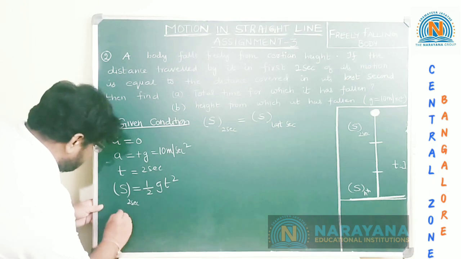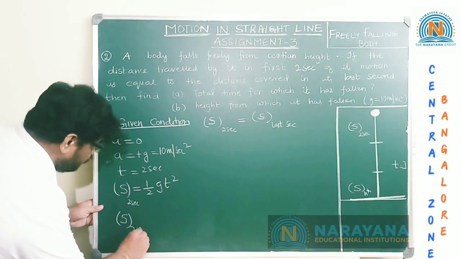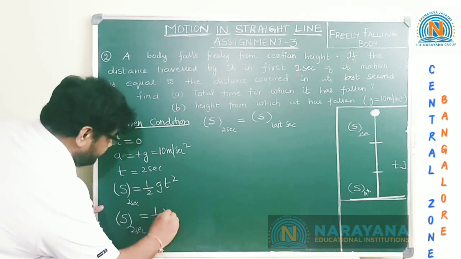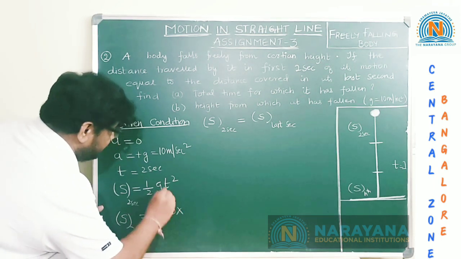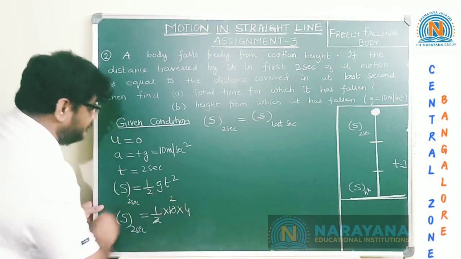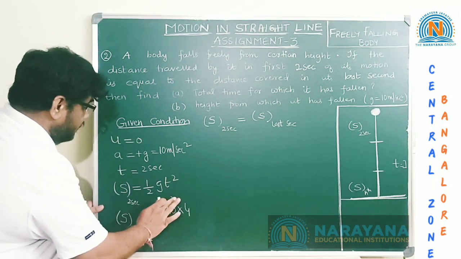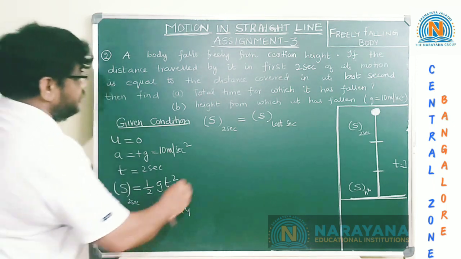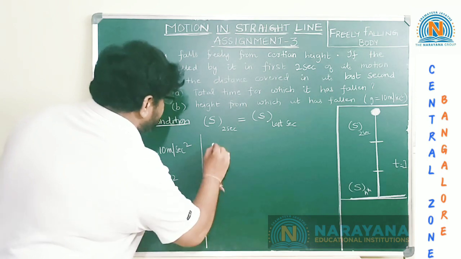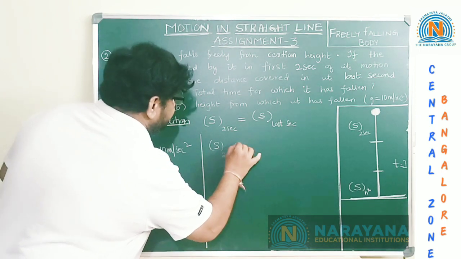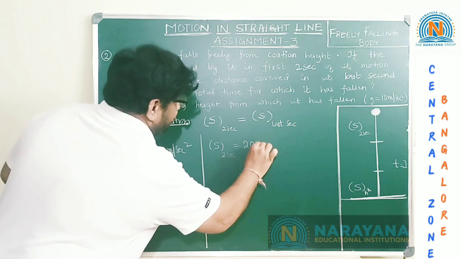So the distance travelled in 2 seconds is equal to half into g is 10, t square is 4. So 2 will cancel 10 5 times. 5 into 4 is 20. So how much distance has the object travelled in 2 seconds? 20 meter.